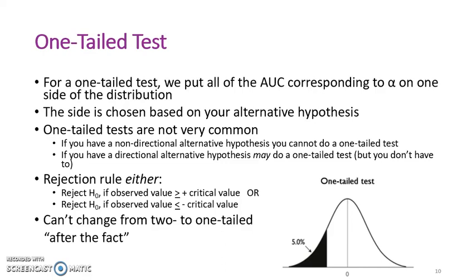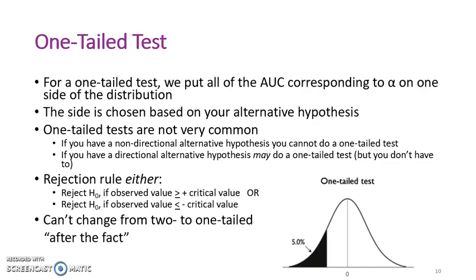So for a one-tailed test, the rejection rule, depending on the sign of your directional alternative hypothesis, is either that you reject the null hypothesis if the observed value is greater than or equal to some positive critical value, or we reject if the observed value is less than or equal to some negative critical value. So if it's more extreme, positive or negative, than the critical value.